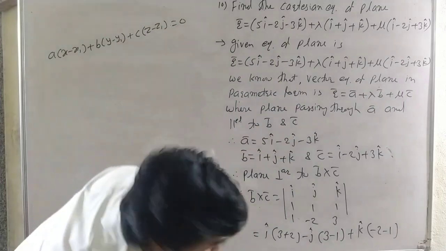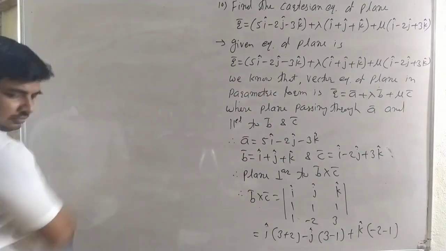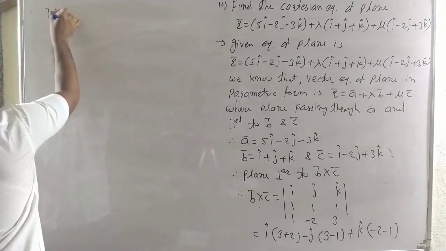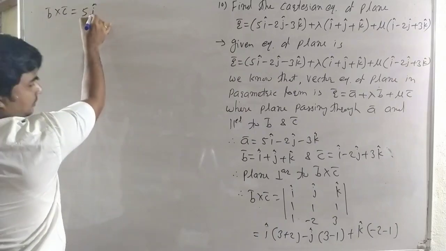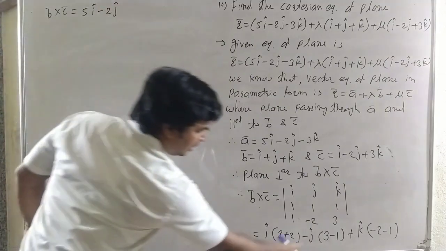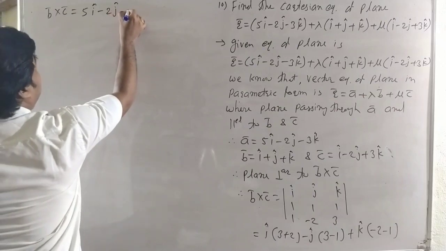Now, b bar cross c bar is equal to 5 i cap minus 2 j cap minus 3 k cap.